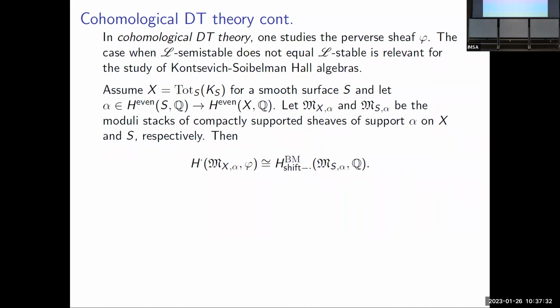On one hand, you'll have the moduli stack of points on C3, but with this perverse sheaf incorporated. On the other hand, here MC2D will be the stack of length D sheaves on C2, which is the same as the stack of commuting matrices.